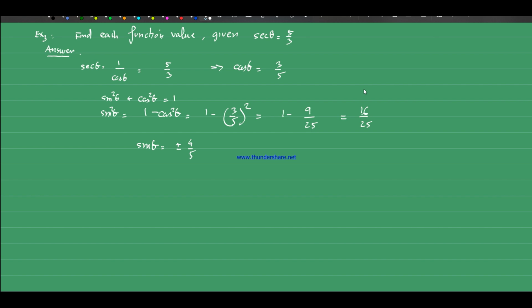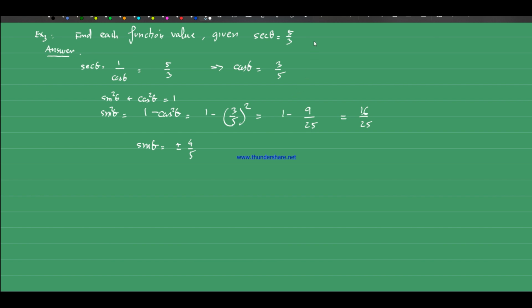In the question, they must give you more information to do that. Otherwise we don't know whether it's quadrant 1 or 4.